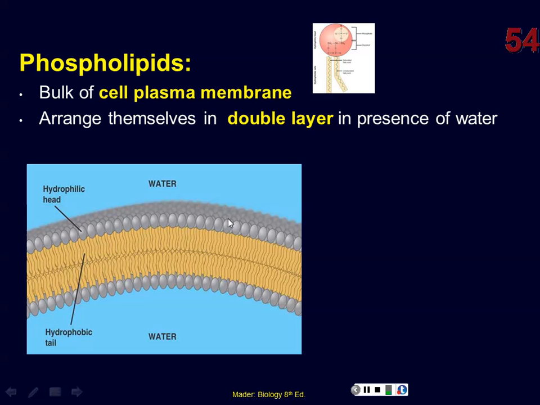And here are the heads of the other layer, and the tails. So you've got a double layer so that the tails never are exposed to the water. Does that make sense? So this area in here is hydrophobic, and this area out here is hydrophilic, that's water.